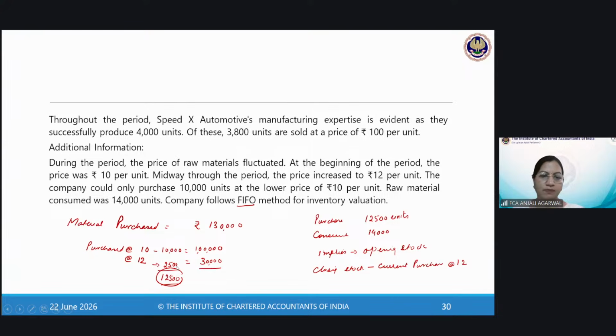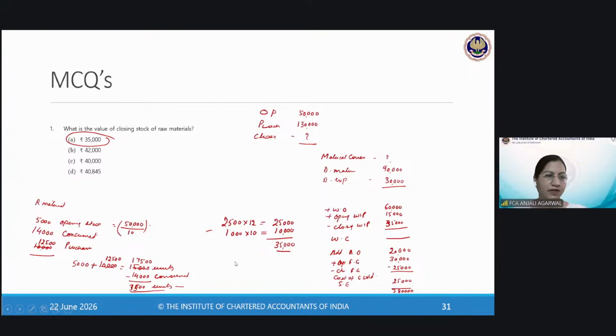At the rate of 12, it becomes 2,500 units. So we assume that opening stock was 5,000 units, 12,500 we have purchased and 14,000 we have consumed. This gives us 3,500 units of closing stock. Out of 3,500, following FIFO, 2,500 are at the rate of 12 and 1,000 at the rate of 10. Total value of closing stock becomes 35,000.